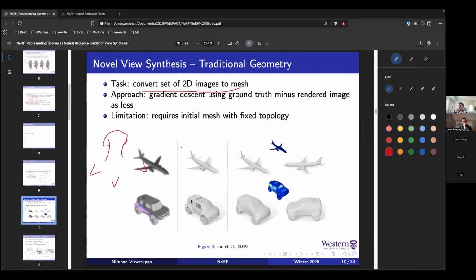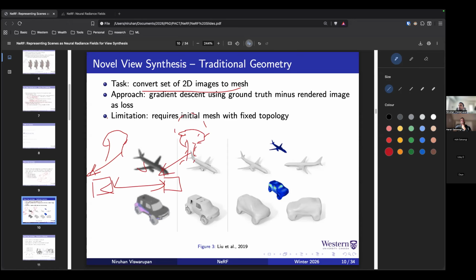You create a mesh of the tree and then try to render it from the same angle as one of the images in your data set. Then you have this ground truth image and this rendered image. You can compare these two images, calculate some notion of loss, and then do gradient descent and try to train this mesh. Any questions on this idea?